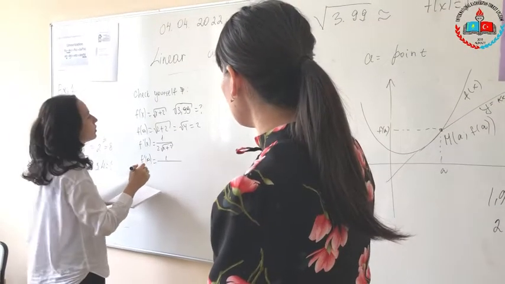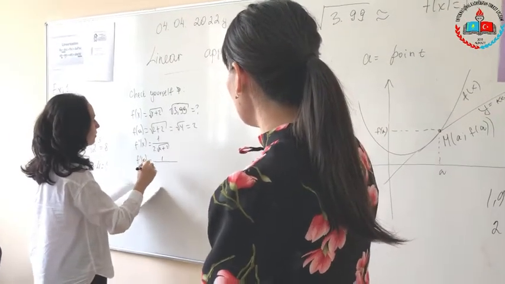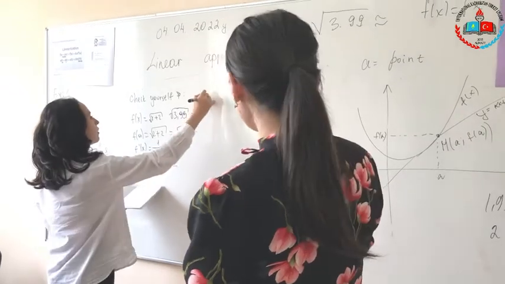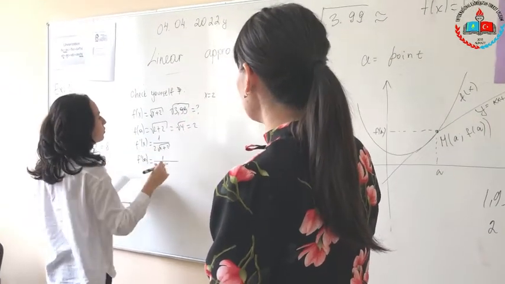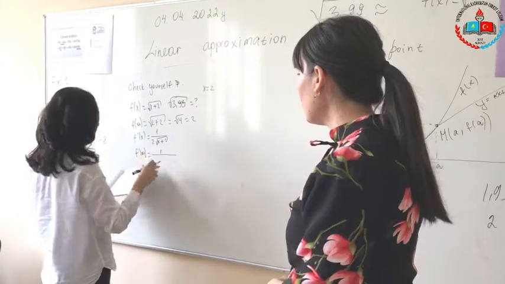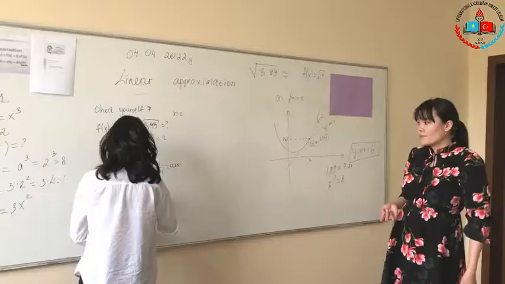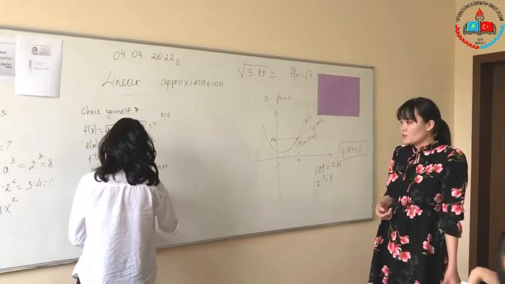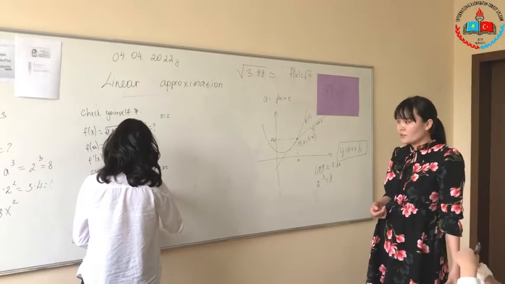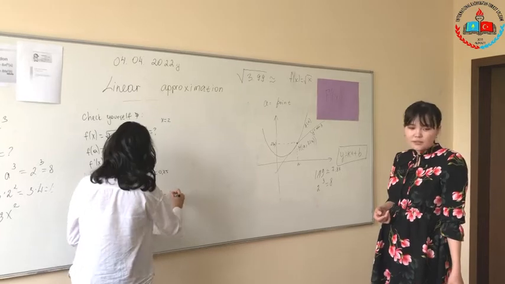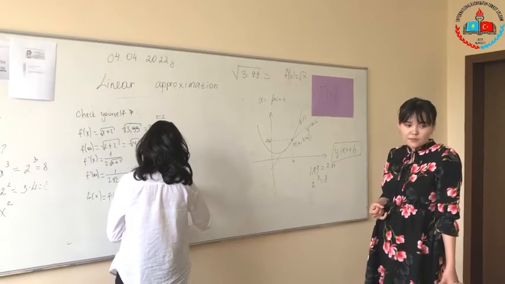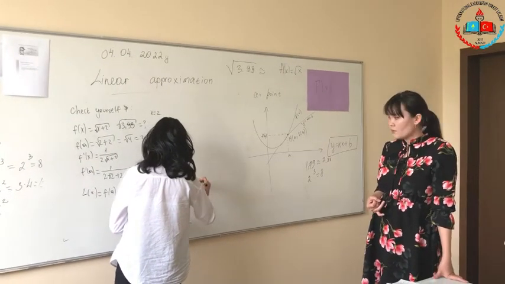F of x is root x plus 2. Yeah. And we need to find the meaning of this number. Yes? So if you have a question, you can ask. Do you have a question? No.